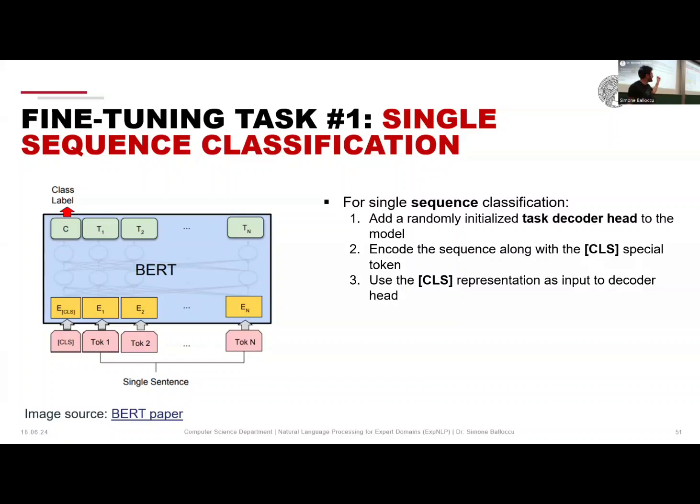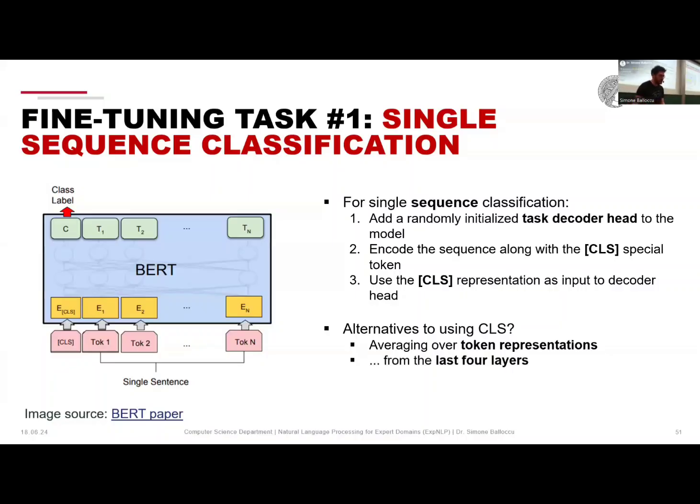So basically, this decoder head gets trained on getting a representation from BERT and making some classification out of it. Alternatively, if you don't want to use this single token, we can average all the tokens. Maybe we can have a decoder head which gets every single token representation. Maybe it averages, or maybe it does it only for the last 4 layers.